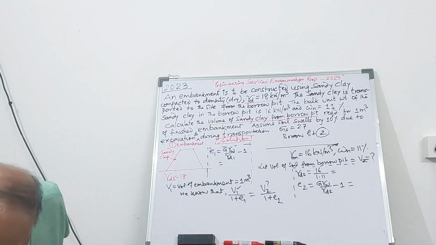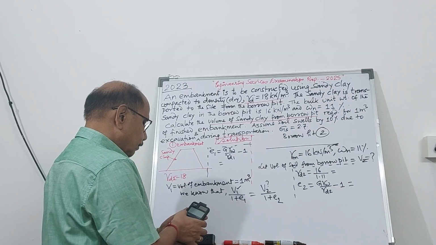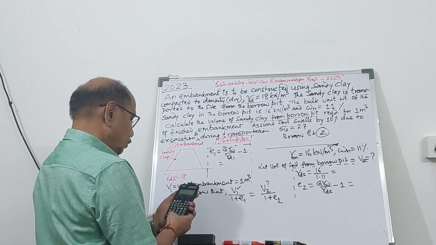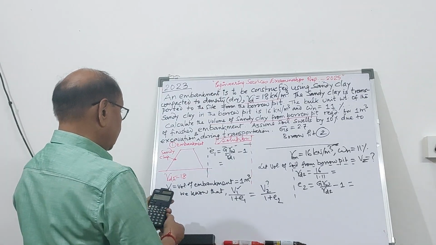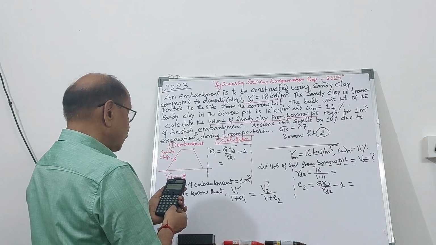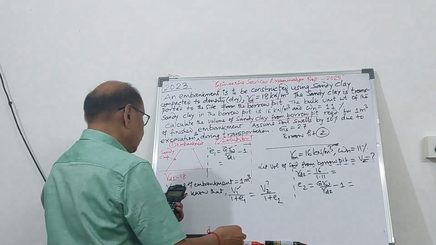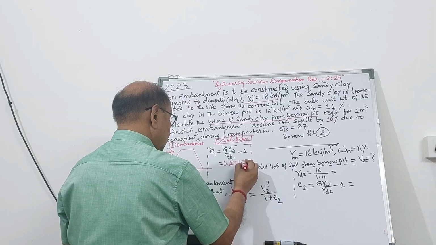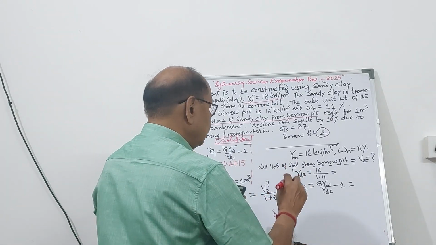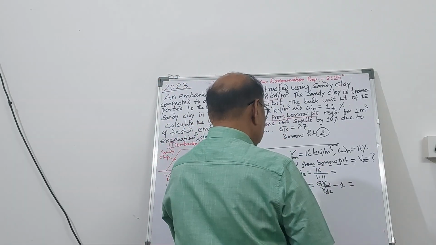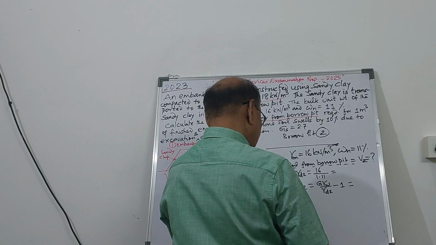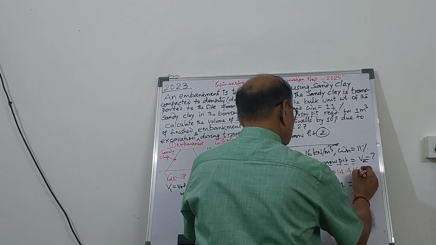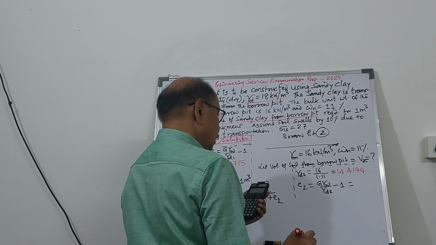So I will calculate. 2.7 into 9.81 divided by 18 minus 1 gives 0.4715. And this one will be 16 divided by 1.11, which is 14.4144 kilonewton per cubic meter.